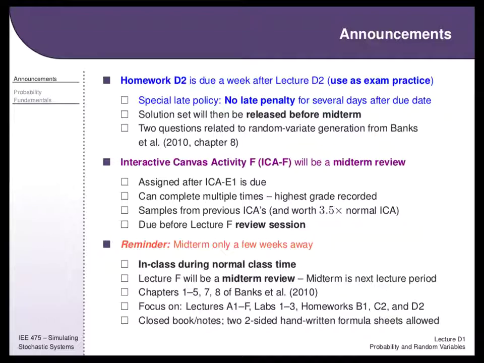There's going to be this Canvas activity, Canvas activity F, that's not available yet. Once E1 is done, then F will become available, and it randomly samples from all the Canvas activities before it. It's meant to be a midterm review. You can take it as many times as you want, and it's worth like 3.5 times the points of a normal ICA.